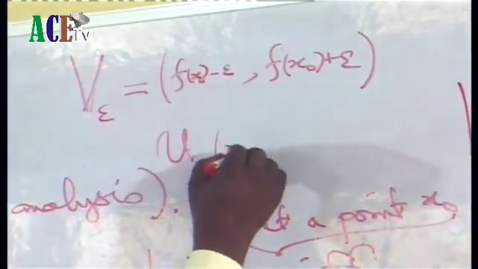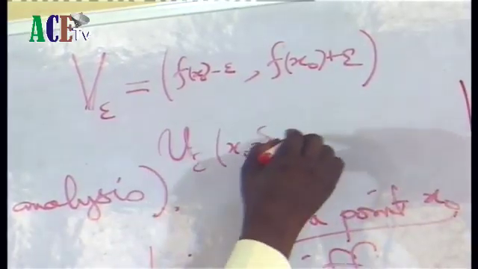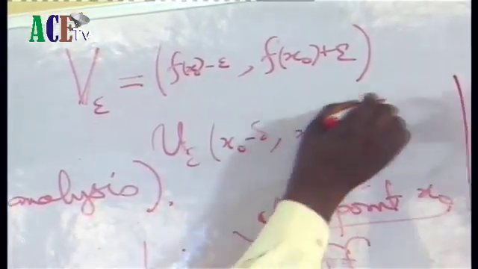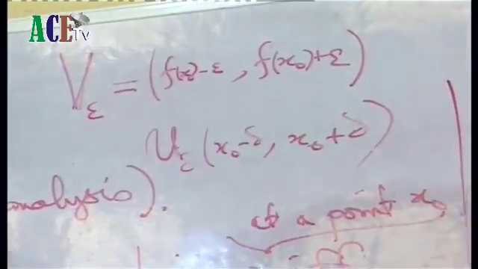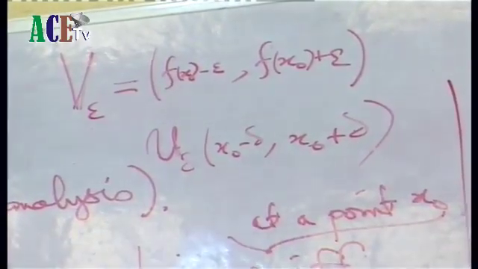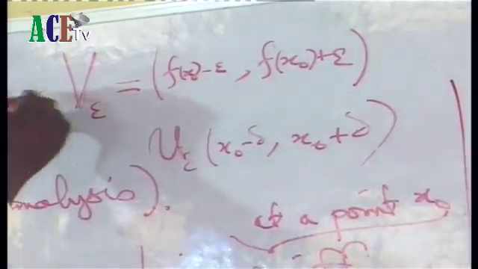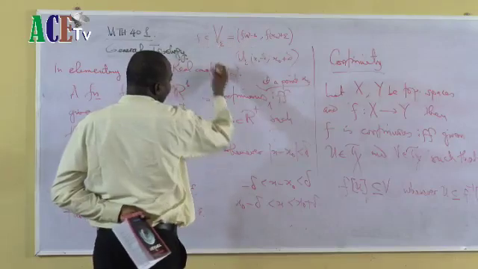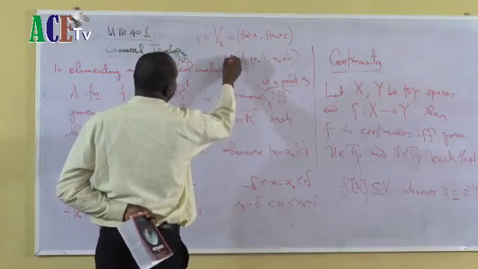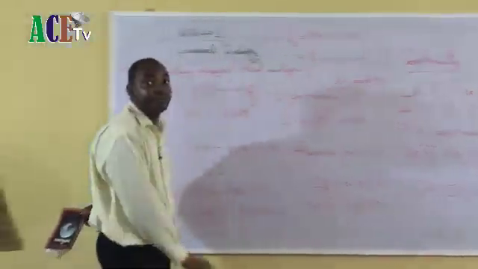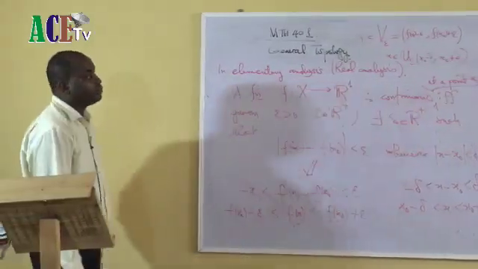And so I get x naught minus delta, x naught plus delta as the lower and the upper bound there. So if you now look at this, you simply put that f lies here whenever x lies here. And we are there.